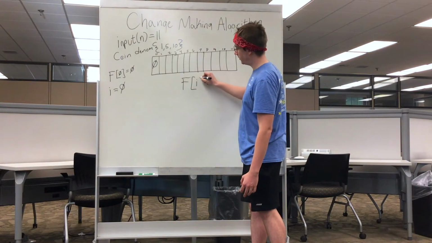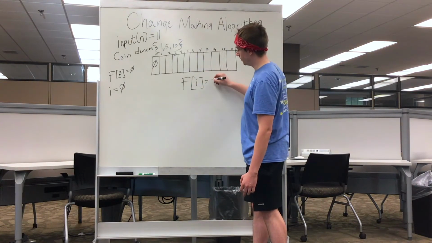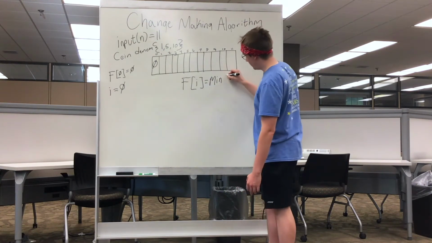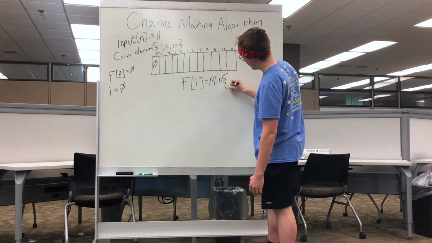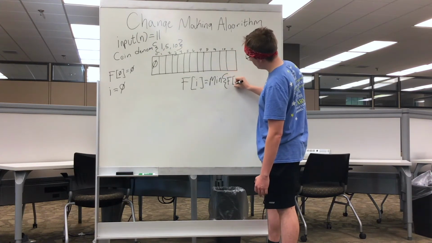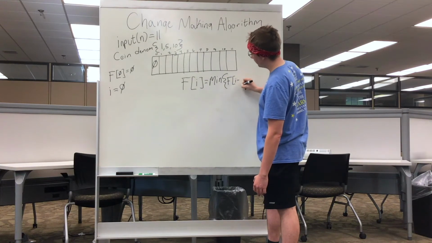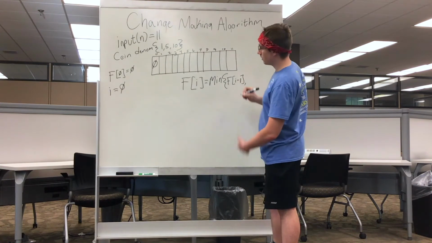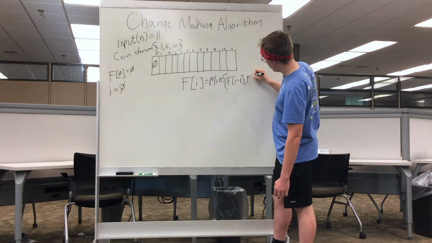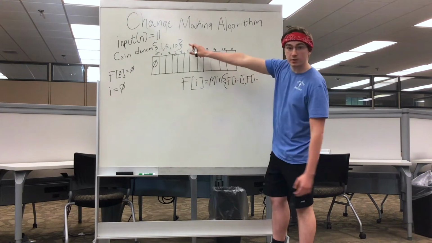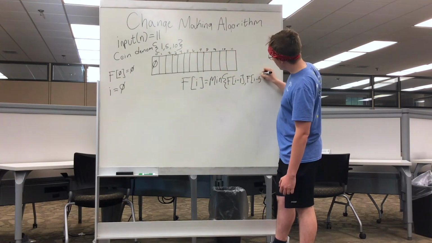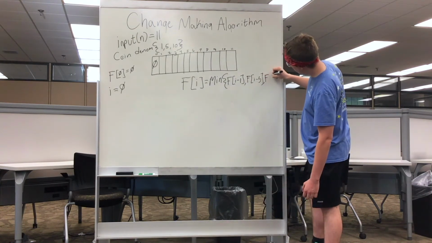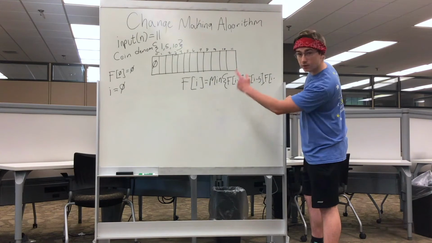So f sub I is going to be equal to the minimum of f of I minus our first coin denomination, which is 1, or f of I minus our second coin denomination, which is 5, or f of I minus our third coin denomination, 10.